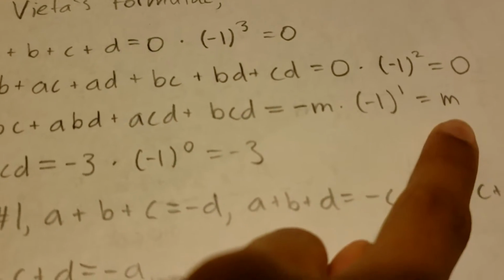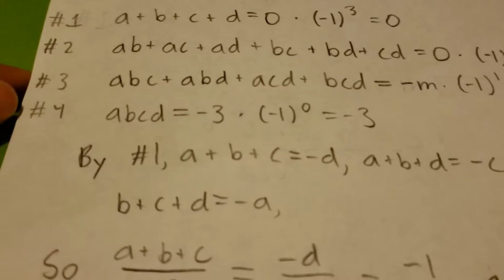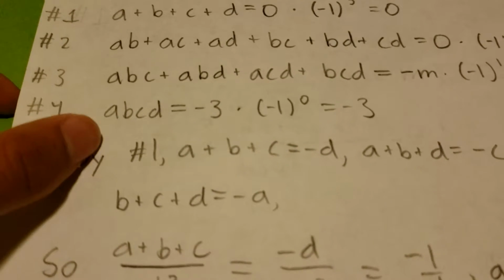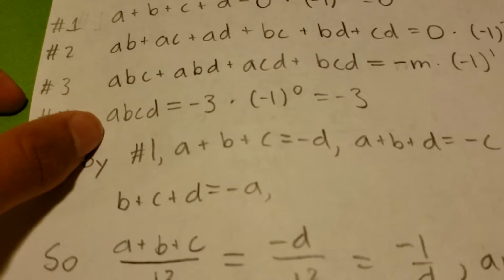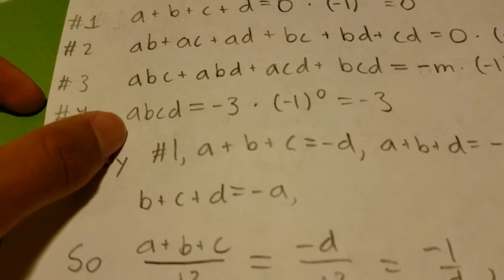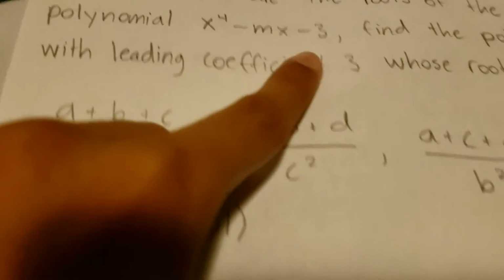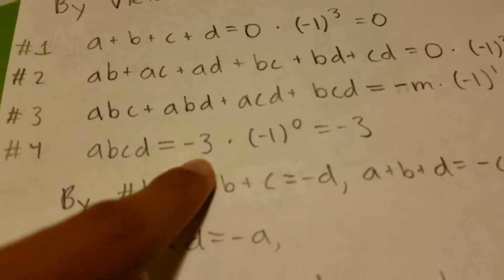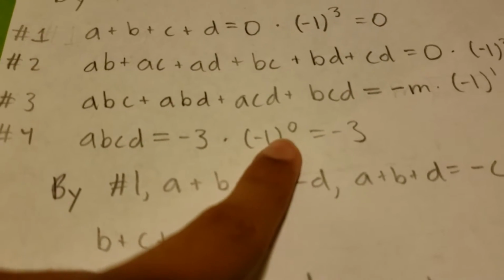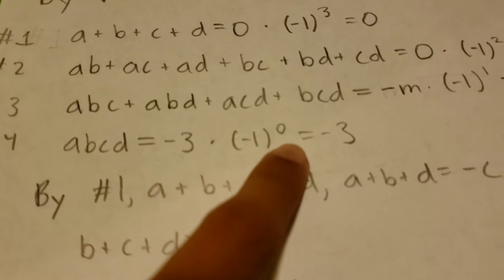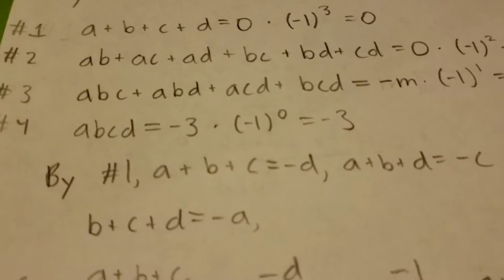And this is just equal to m, because the two negatives cancel. And lastly, we take the roots in groups of 4, and we get the product of a, b, c, d is just equal to the constant term, which is negative 3. Negative 3 times negative 1 to the 0th power, which is redundant because this is just 1. And this just simplifies to negative 3.